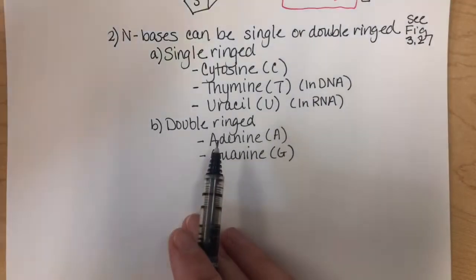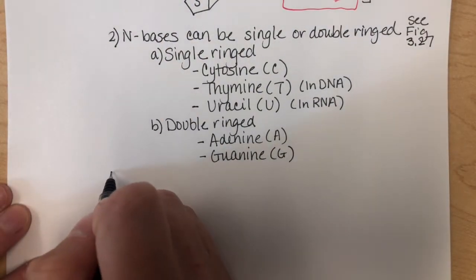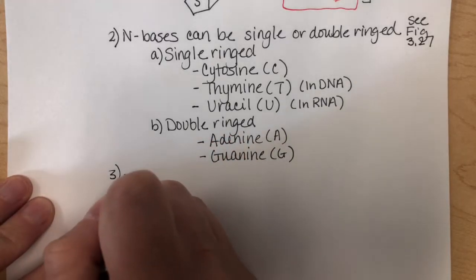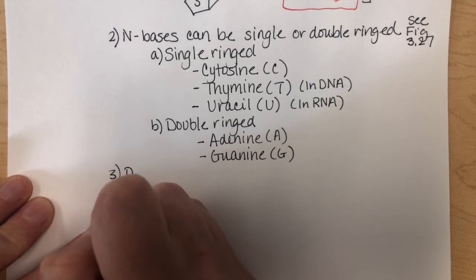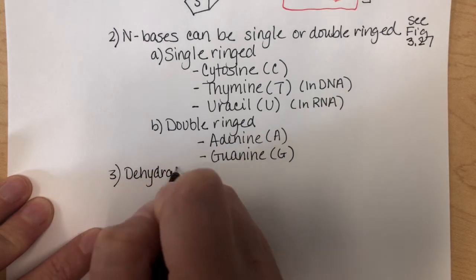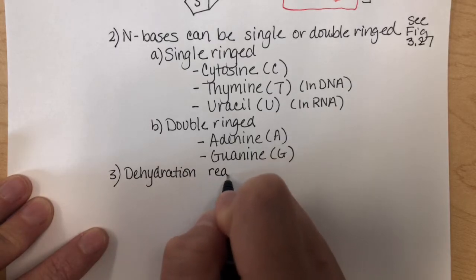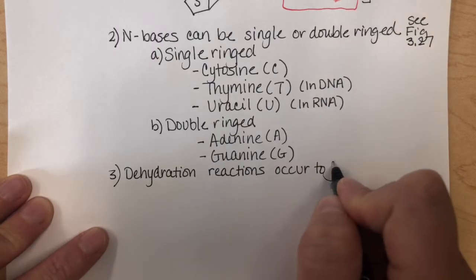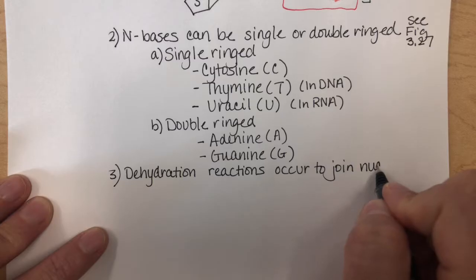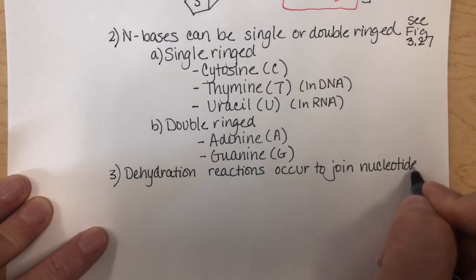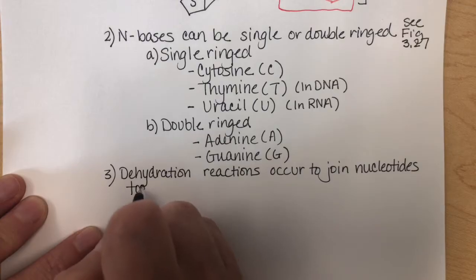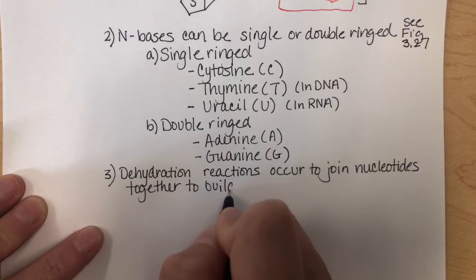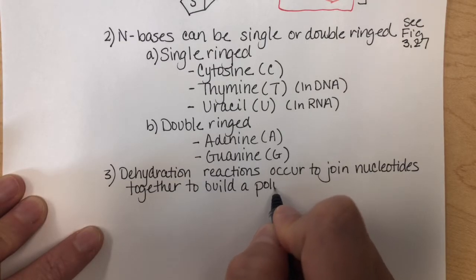So how do we hook them together? So number 3 here, dehydration reactions occur to join nucleotides together to build a polynucleotide.